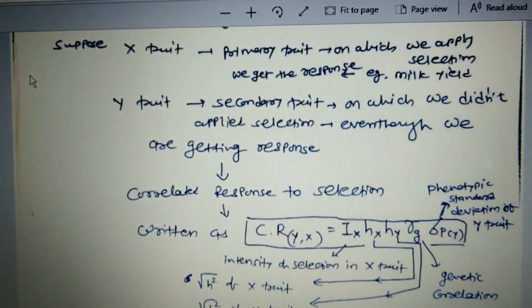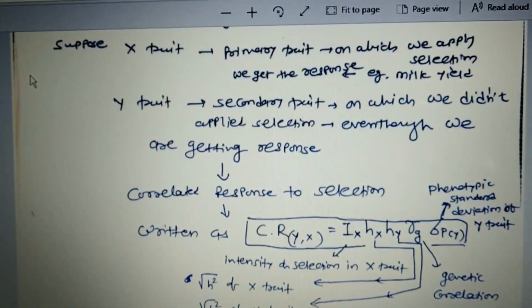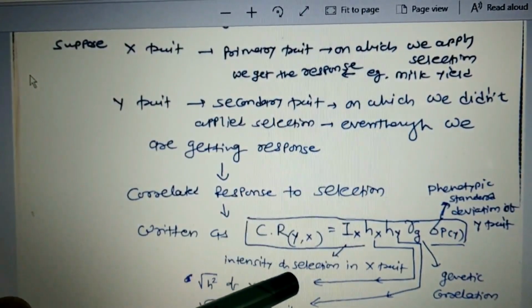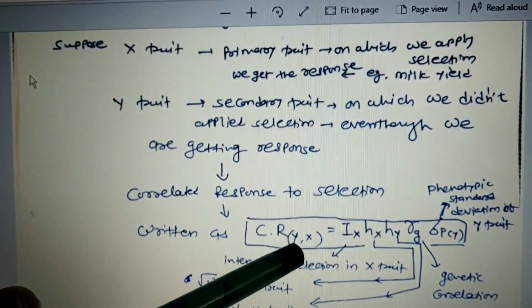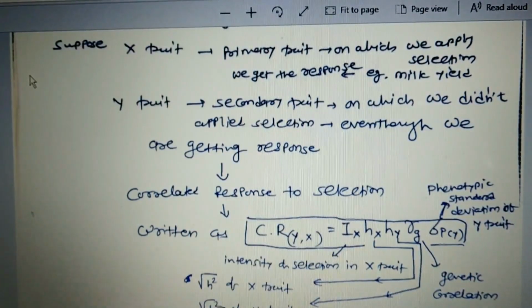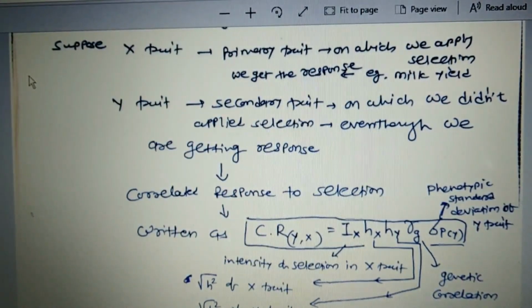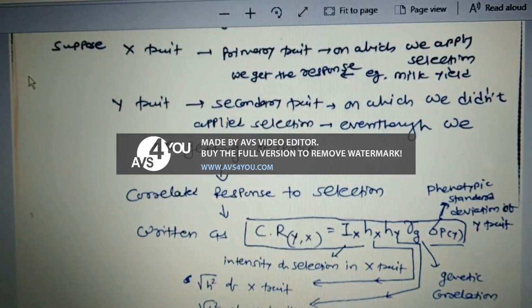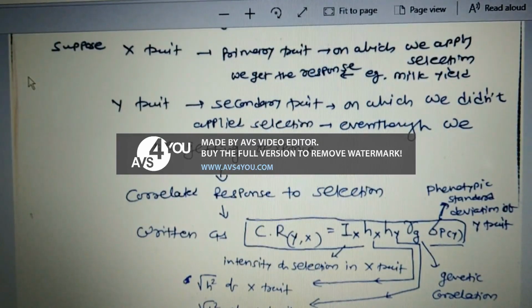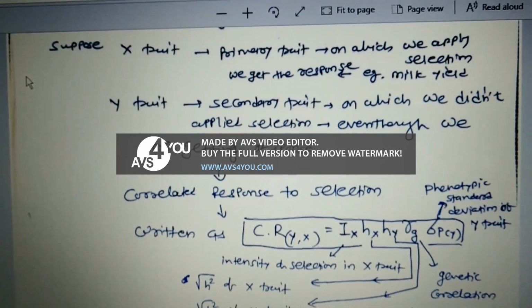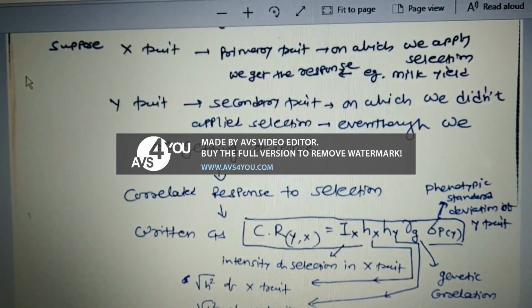So the formula is written as CRY, correlated response to selection in Y trait when we apply the selection on the X trait. It is equal to IX, that is the intensity of selection in the primary trait, times hX, that is the square root of heritability of the X trait, times hY, that is the square root of heritability of the Y trait, times rG, that is the genetic correlation between the X and Y trait, times the phenotypic standard deviation of the Y trait.